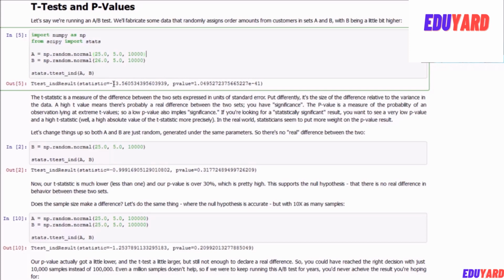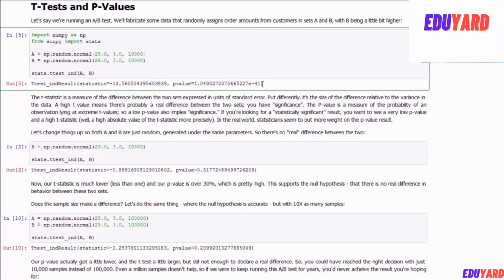The negative indicates that it is a negative change. This was a bad thing, and the p-value is very small, so that implies there is an extremely low probability that this change is just a result of random chance. Remember, in order to declare significance we need a low p-value, and that's exactly what we are seeing here.